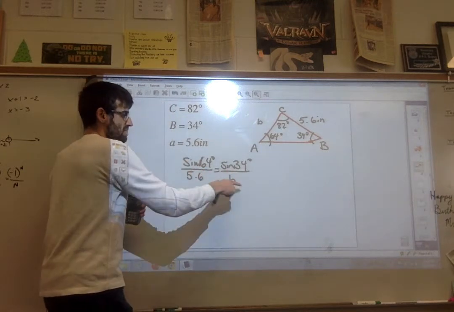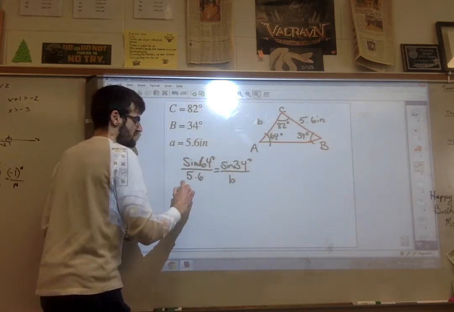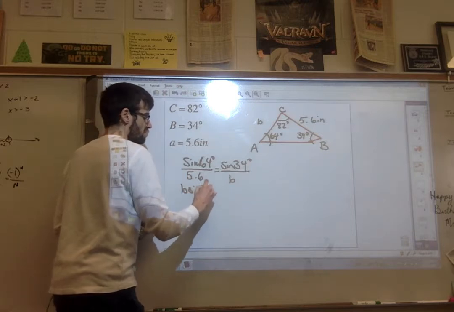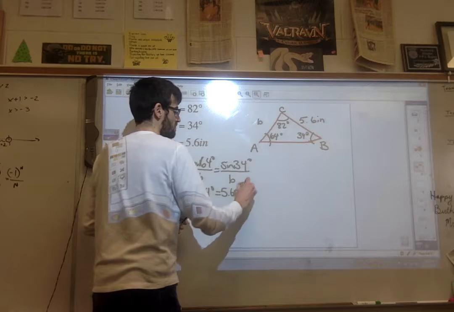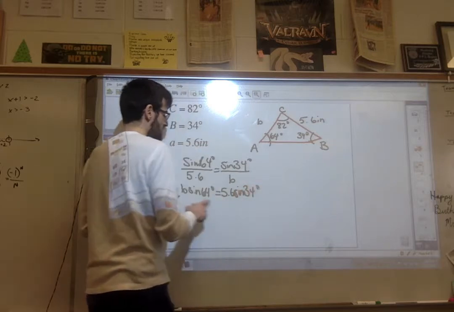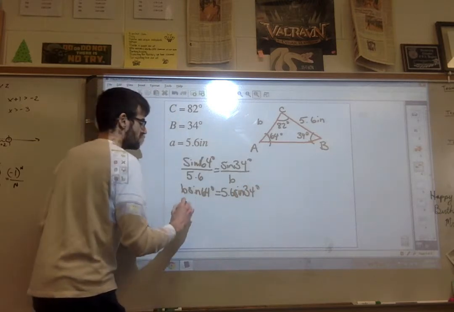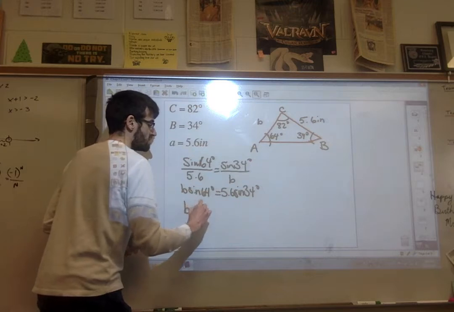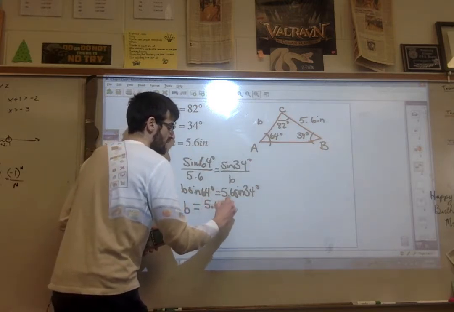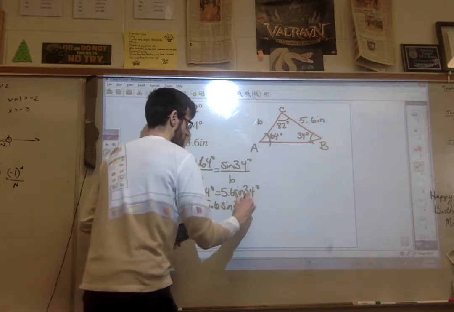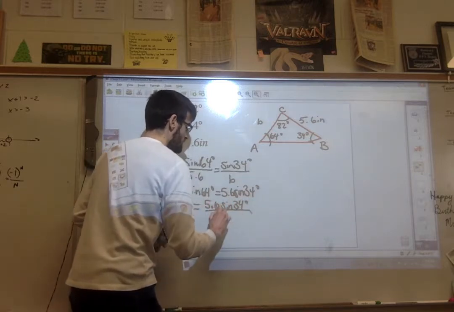I'm going to cross multiply: b sine of 64 equals 5.6 sine of 34. And then I'm going to divide by the sine of 64. So I have b equals 5.6 sine of 34 over the sine of 64.